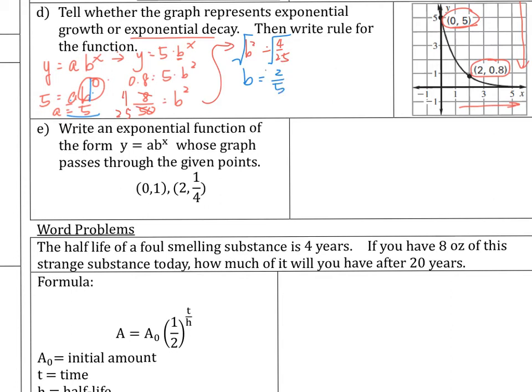Well, technically positive negative 2 fifths, but we're only concerned with the positive fraction because b needs to be positive in this case. So therefore y equals 5 times 2 fifths to the x power.